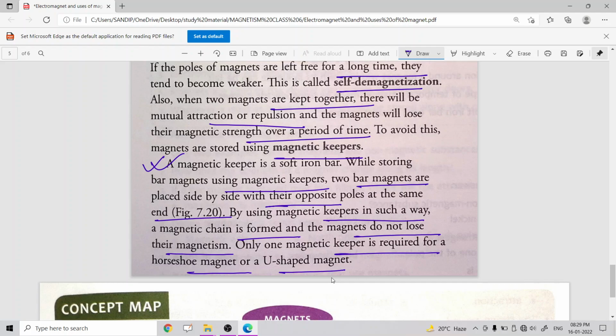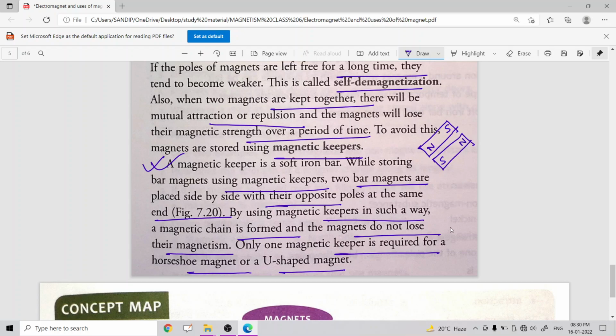While storing bar magnets using magnetic keepers, two bar magnets are placed side by side. If you take two bar magnets like this, side by side, here this is your north pole, this is your south pole, and this is your south pole, and this is your north pole.